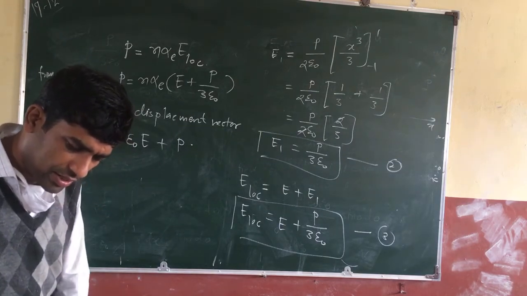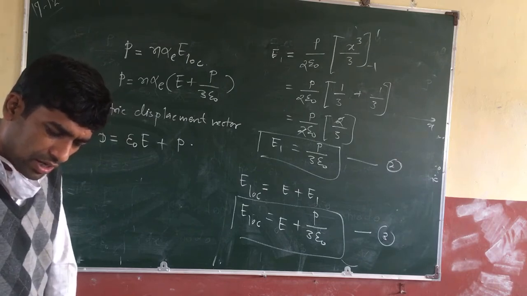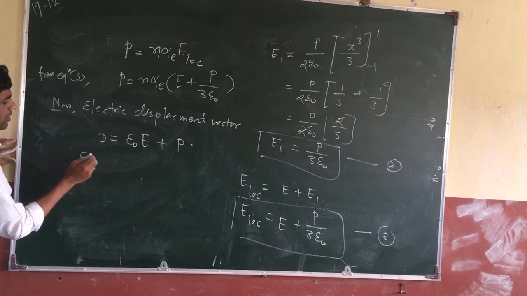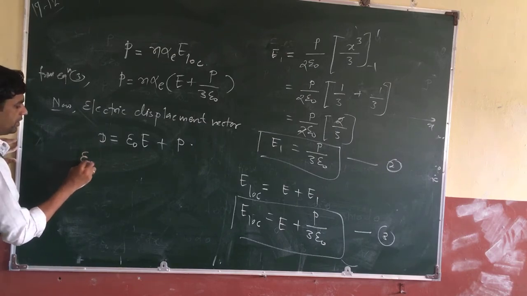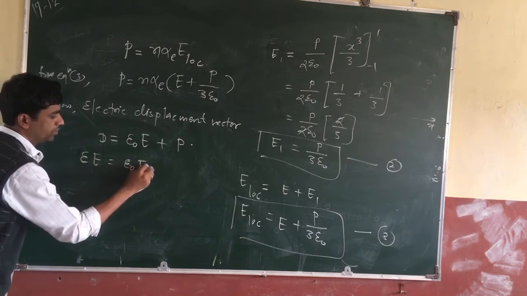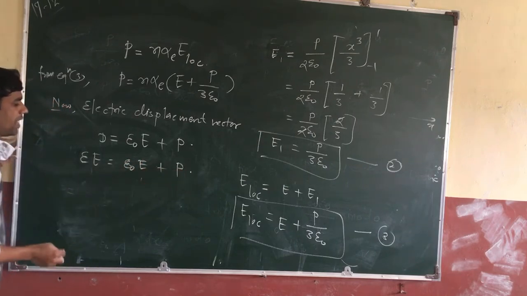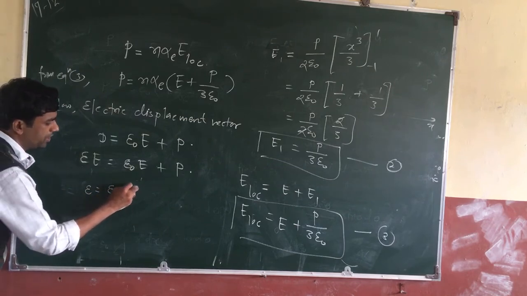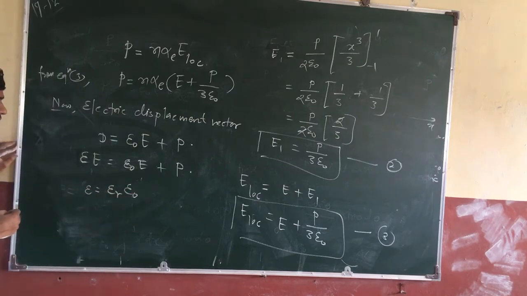And from this electric displacement vector, D is your epsilon into E. Okay, epsilon E is equal to epsilon naught into E plus P. And what is epsilon? Epsilon is equal to relative permittivity into the permittivity of free space.